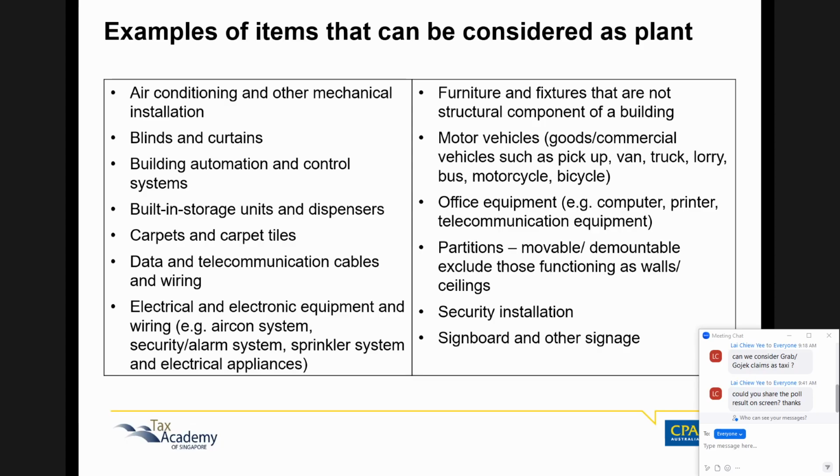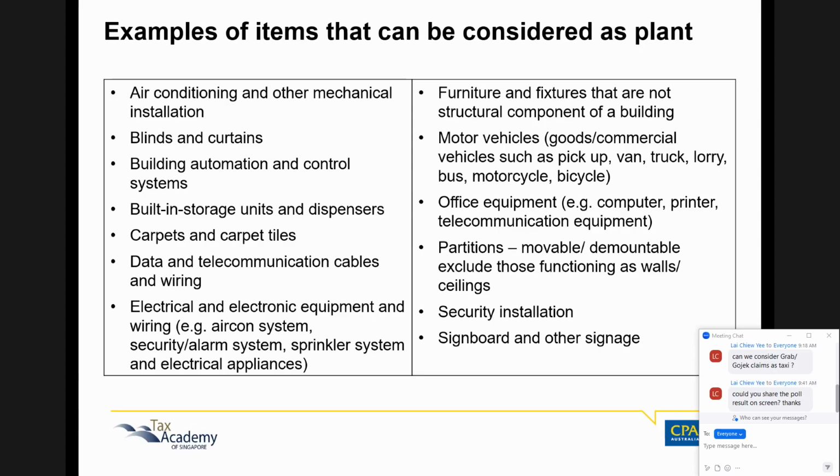You also have electrical and electronic equipment and wiring, like your aircon system, security alarm system, sprinkler system. Then you have furniture and fixtures that are not structural components of a building. If they form part of the building, then they are not considered as plant.